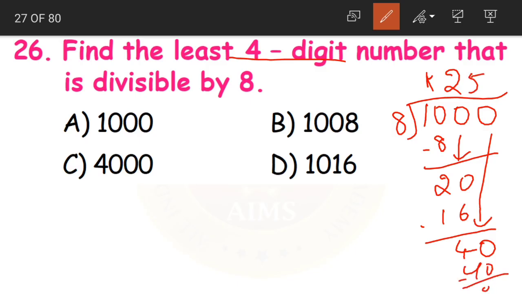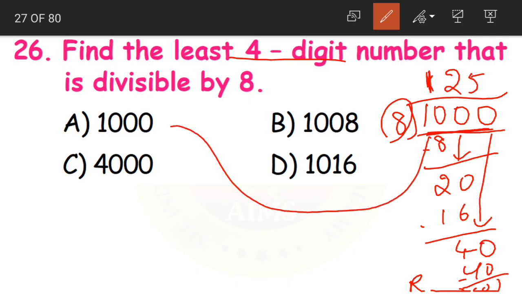When we subtract, 0 is remaining. So what is the remainder here? 0 is our remainder. Now what does that mean? 8 divides 1000 exactly. That means 1000 is divisible by 8. Now 1000 is our smallest 4-digit number. So option A, 1000 becomes our answer.